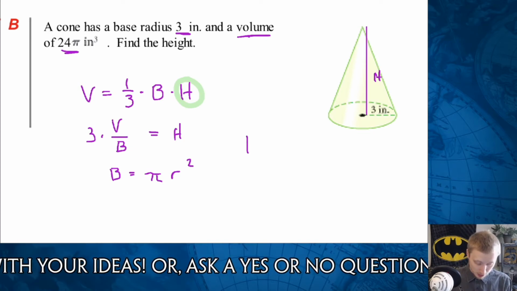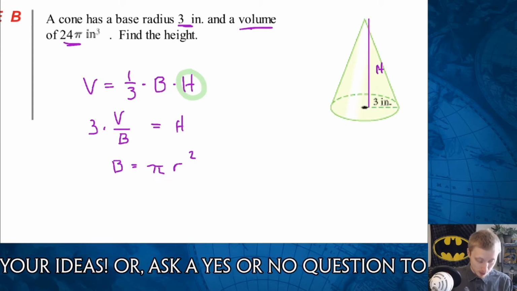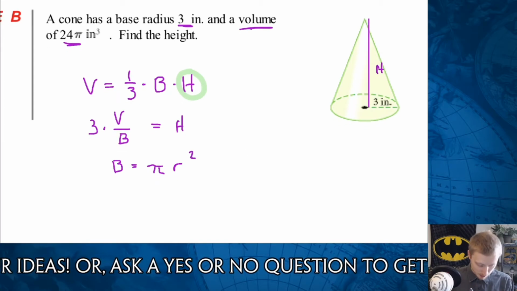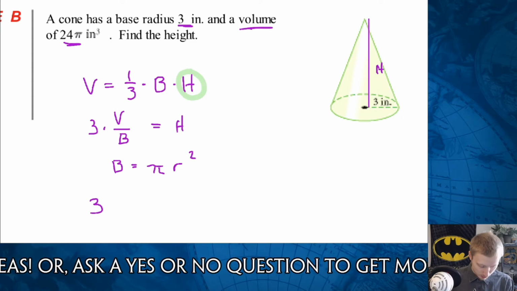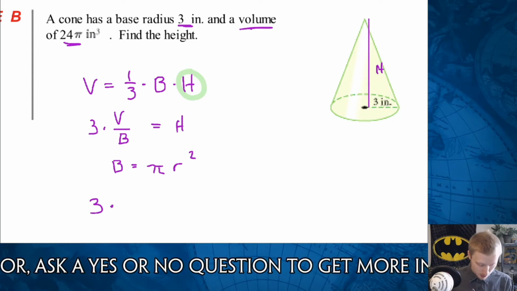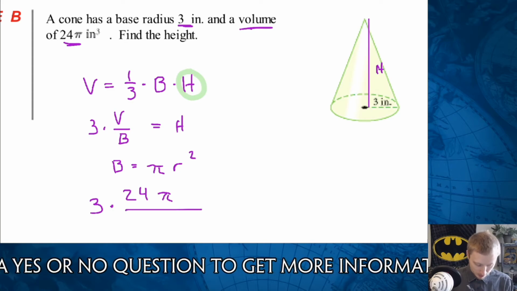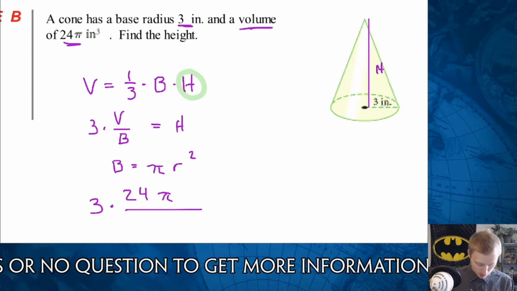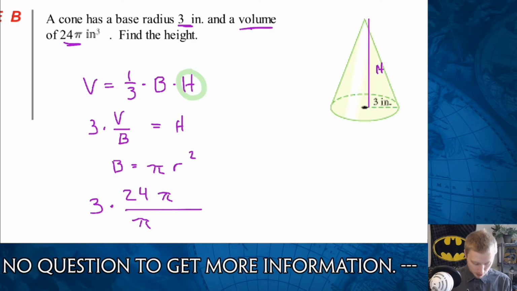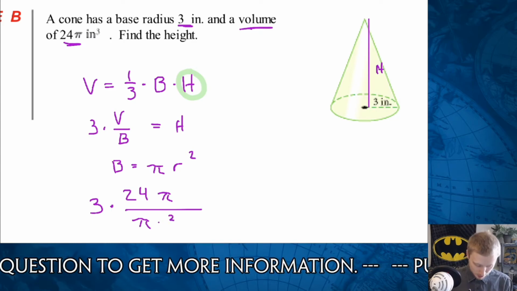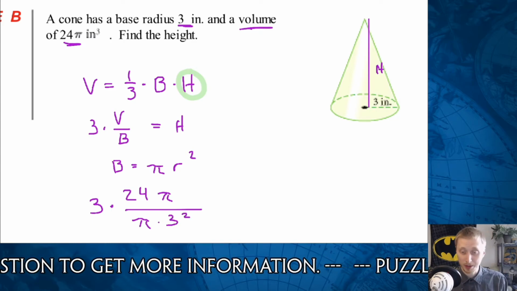So now let's go ahead and fill in all of the numbers I have. We've got the 3 times B, 24 pi, divided by B, which is another pi times r squared. My r is 3 squared.